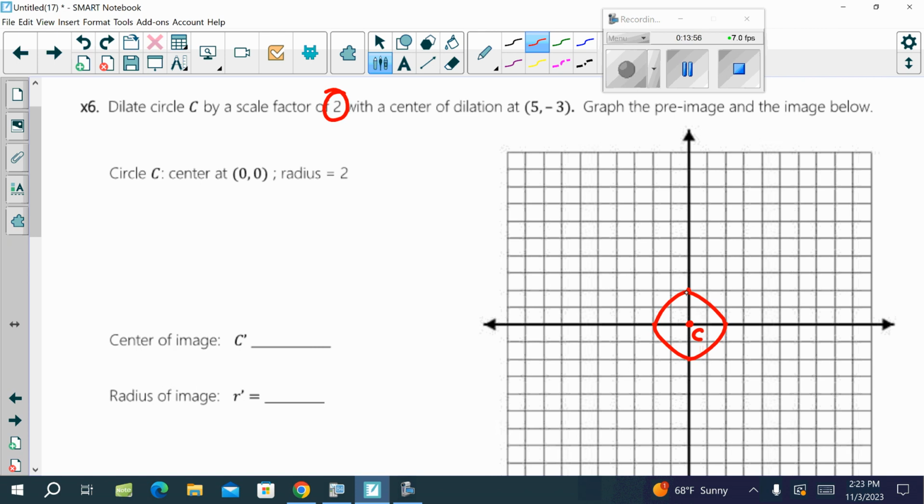All right. Our center of dilation is not the origin. Our center is at 5, -3. So put a point there. I tend to call that point P, for which we're dilating about.